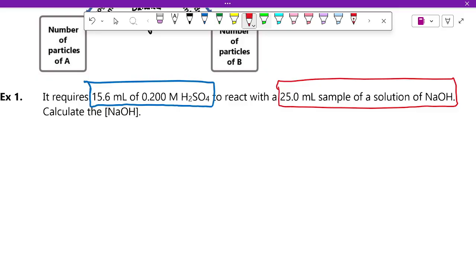Calculate the concentration of NaOH. Which of these two substances is substance A, the one you can find moles of? Is it H2SO4 or is it NaOH? H2SO4, that's going to be substance A.